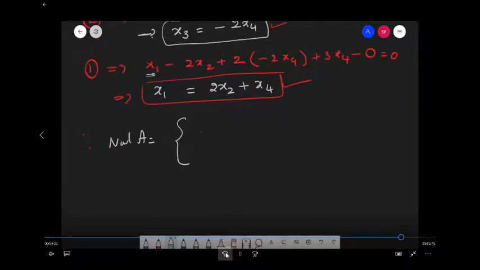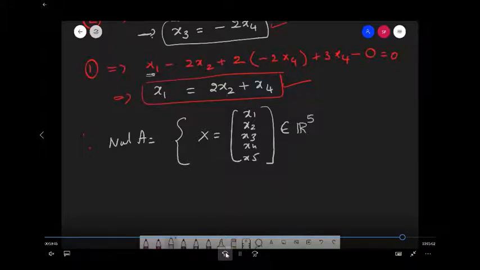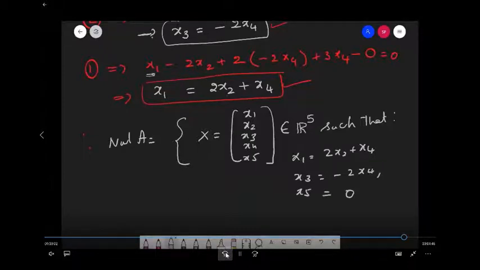We have to find null A, which is equal to x, the vector x1, x2, x3, x4, x5, because it is in R5, such that x belongs to R5. Among these five, the basic variables we already expressed in terms of free variables. So they satisfy the equations x1 is equal to 2x2 plus x4, x3 is equal to minus 2x4, and x5 is equal to 0.